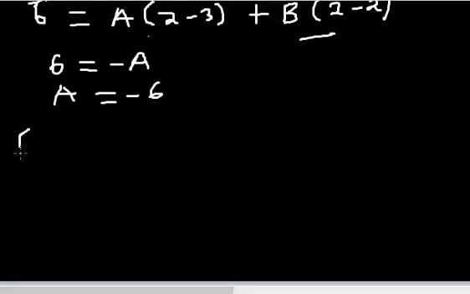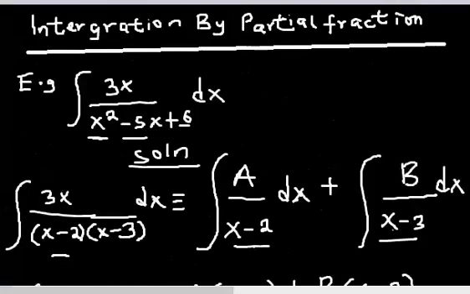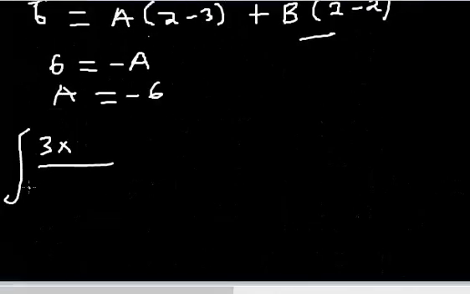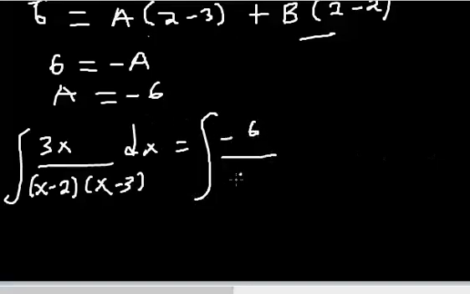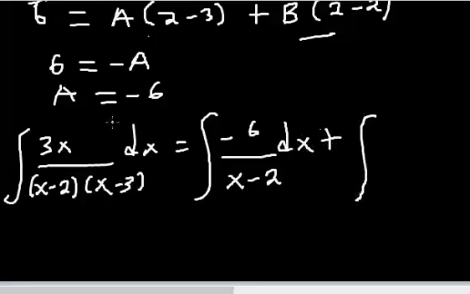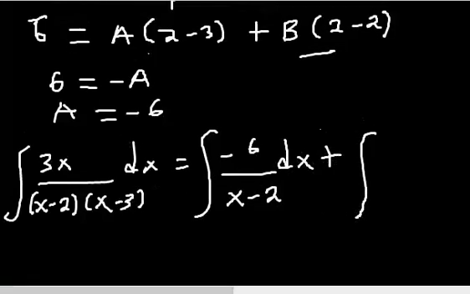So now the integral value of 3x divided by (x minus 2) times (x minus 3) will be split into two integral values, in which one is a, that's minus 6 all over x minus 2, with respect to x, then plus the integral value of the other.